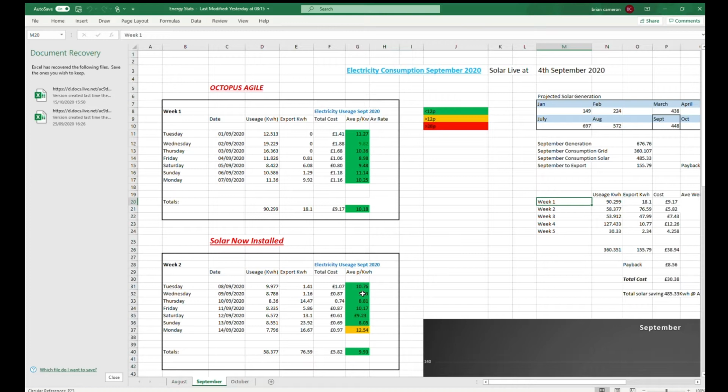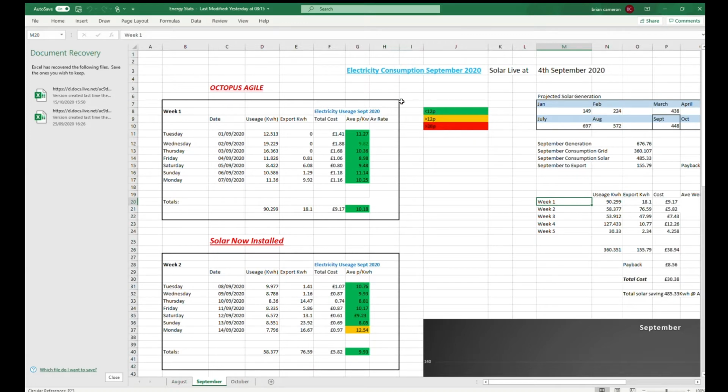You'll see here for the large part that it's below 12 pence anyway, so it didn't seem to be much point in doing that. And thankfully, very rare were we ever over 12, and we've never been above 20. Otherwise, I'd clearly be on the wrong tariff if that was the case.